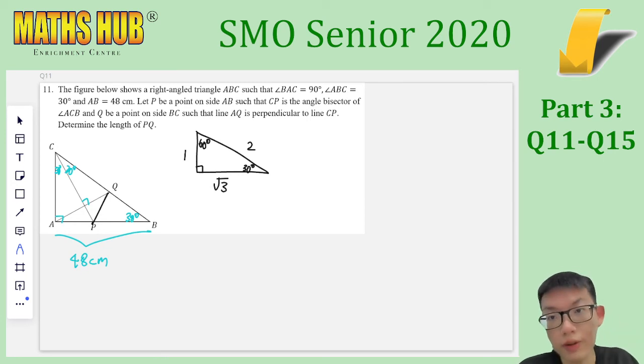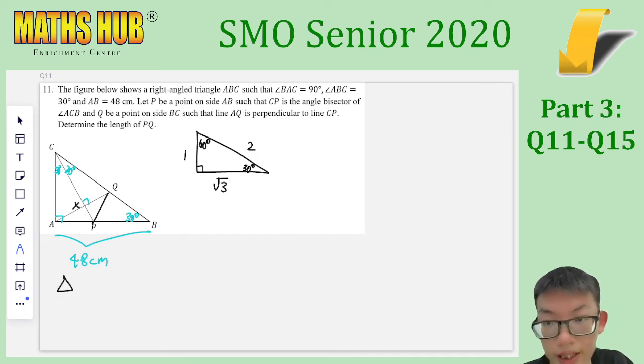In fact, if we look at CP here, it kind of looks like it is a line of symmetry between A and Q. So let's try to use that to relate all the stuff on the lengths of AB, AC and BC to PQ. Now first up, I should call this point something like X.